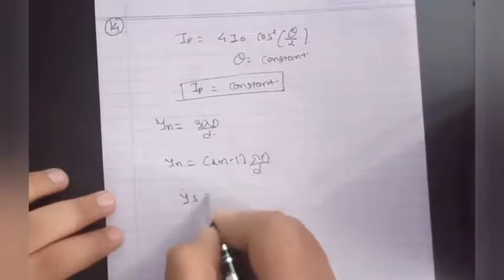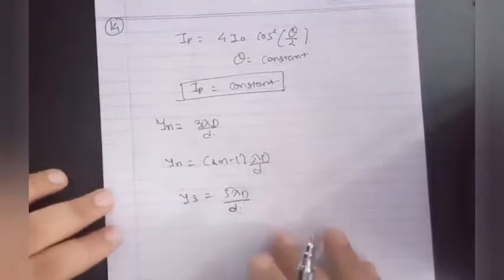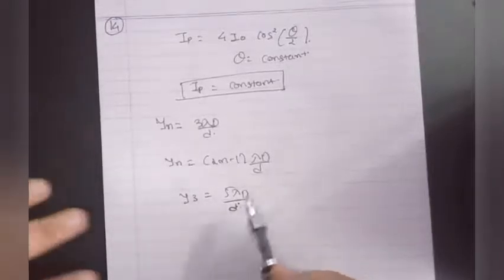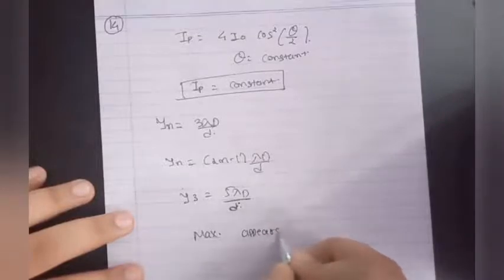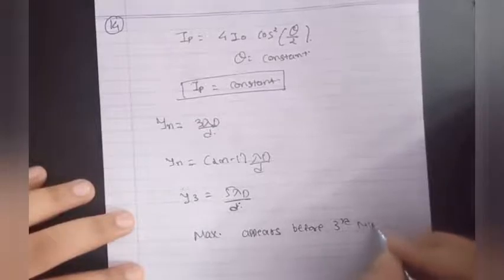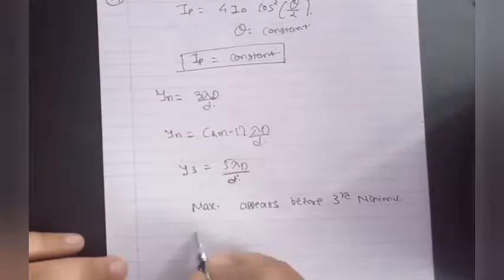So this is the maximum position and this is the minimum position. The maximum position is less than the minimum position, so the maximum appears before the third minimum. So both statements are correct. So option 1 is the correct option.